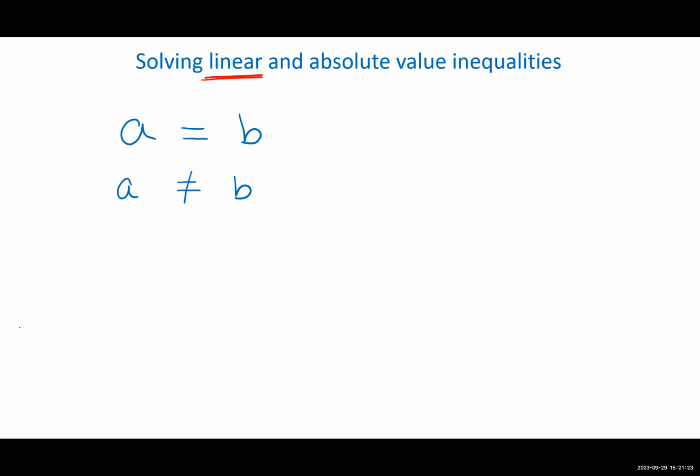But we also have two other possible scenarios. We could have that the first number is larger than the second number, or that the first number is smaller than the second number. These last two, we refer to as inequalities.